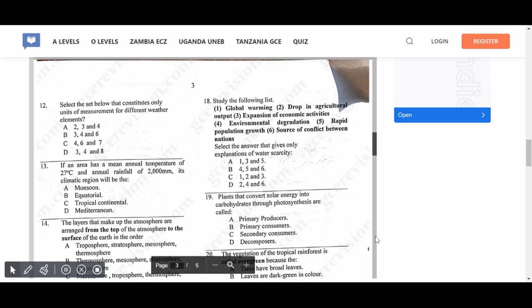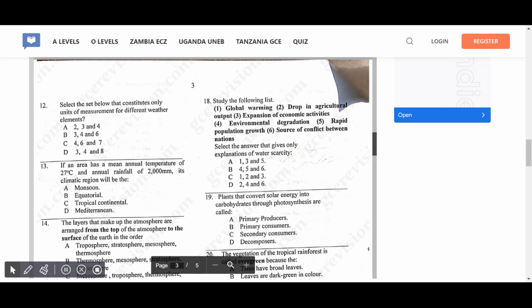Question 18. Study the following list. One, global warming; two, drop in agricultural output; three, expansion of economic activities; four, environmental degradation; five, rapid population growth; and six, source of conflict between nations.